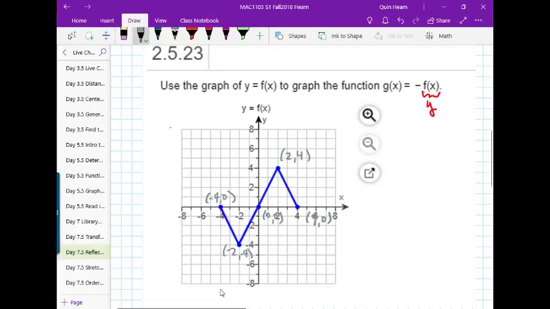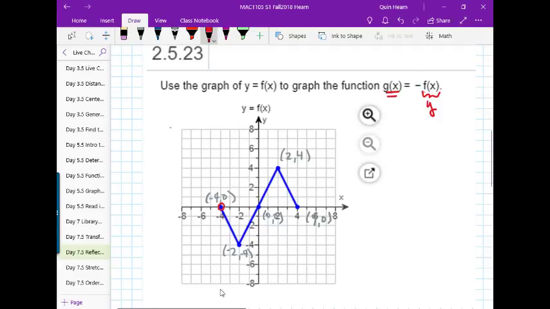All right, now this is the graph in blue here of f. We're going to graph in red the graph of g. And the way we're going to do it is negate every y value. So for example here, -4, 0, that's going to stay the same because 0's opposite is still 0.